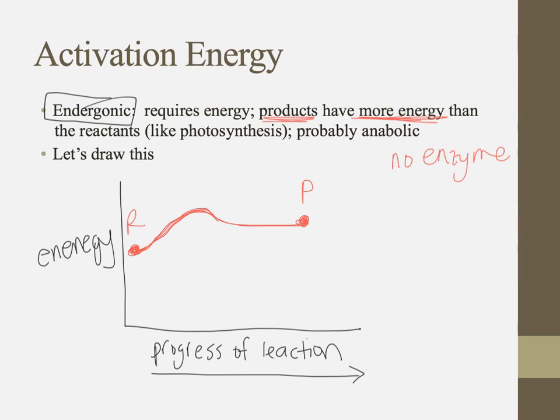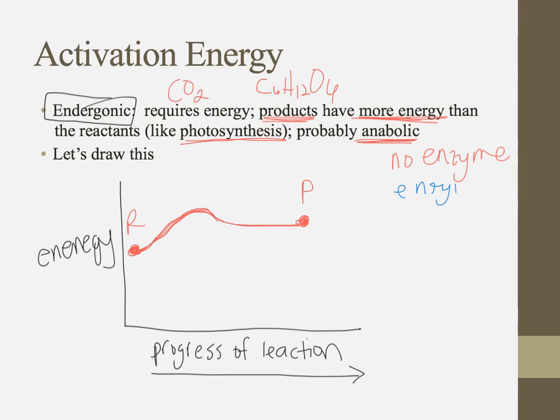That's kind of like photosynthesis. In photosynthesis, your major reactant, carbon dioxide, has a lot less energy than your major product, which is glucose. So that means that we have to be putting energy into it. That sounds to me a lot like an anabolic reaction.